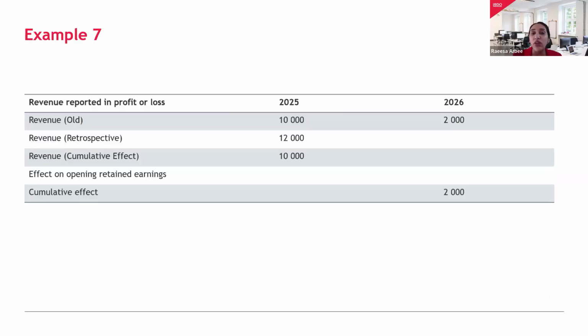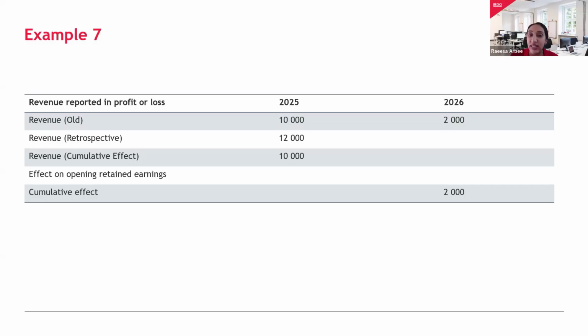So under the old revenue model, they would have had 10,000 units of revenue in 2025 and 2,000 in 2026, recognizing revenue on the straight line basis. If they went fully retrospective, they should have recognized the full 12,000 of revenue in 2025.